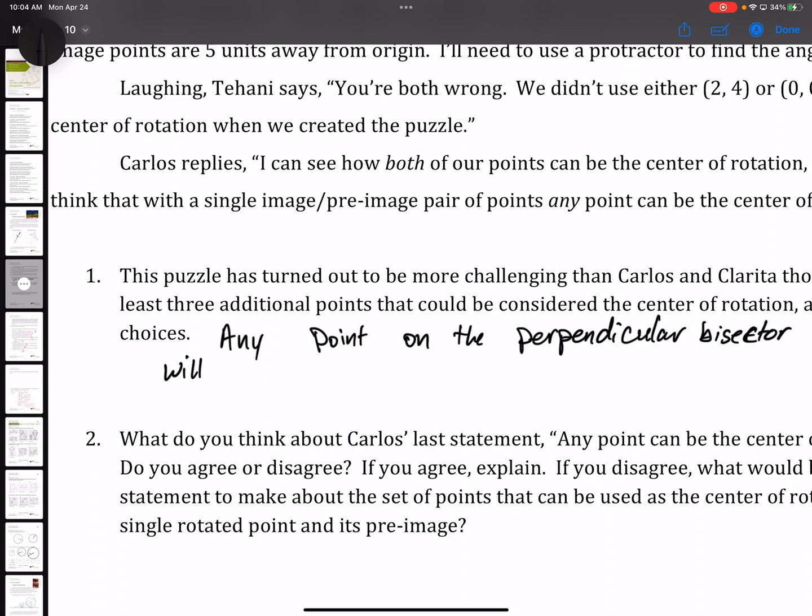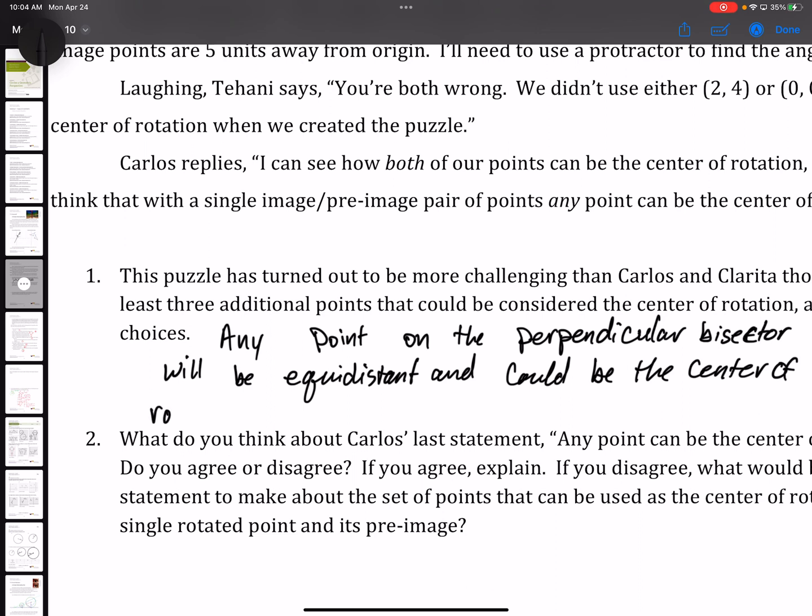Let's just read from my head. I'm dying. Equidistant is such a weird word. Yeah. And could be the center of rotation.